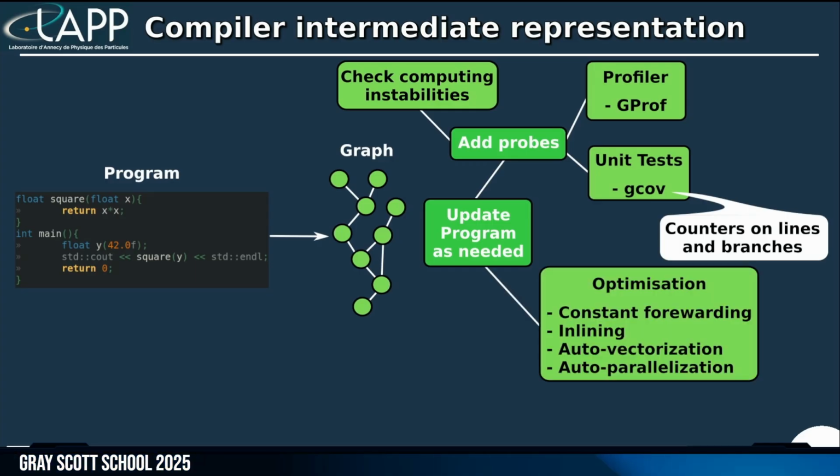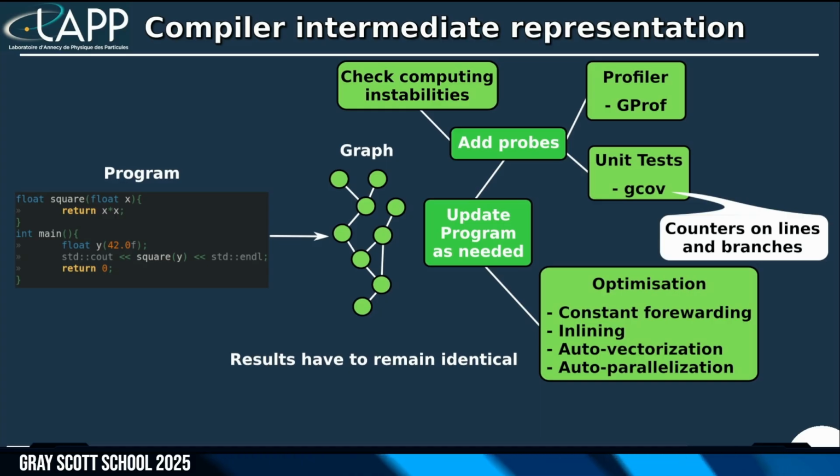Then we can do a lot of optimization, so constant forwarding, inlining, auto-vectorization, auto-parallelization. We'll see that, of course, in the school. And one rule is results have to remain identical to what was in the input for the compiler. The compiler is not allowed to change what you are supposed to do in your code.